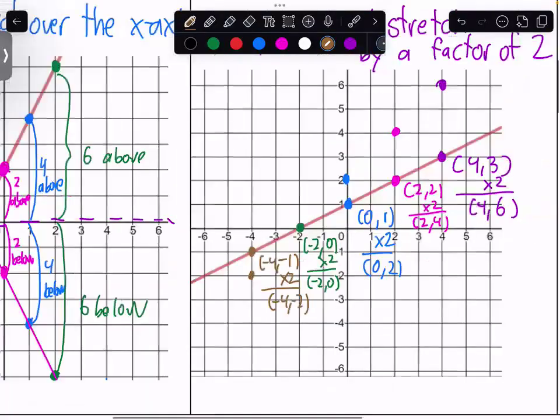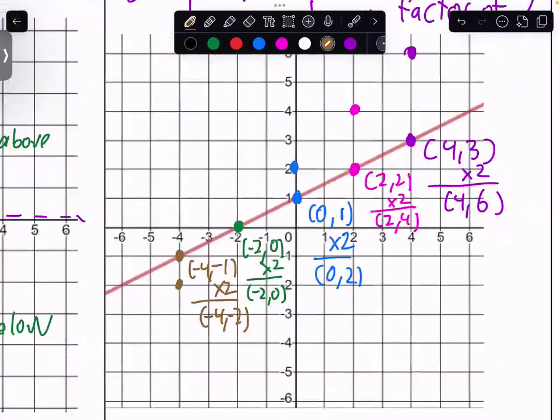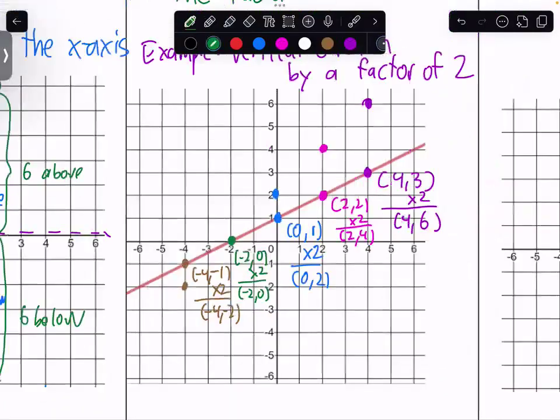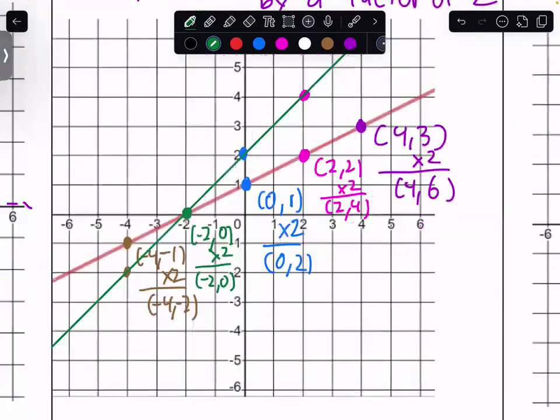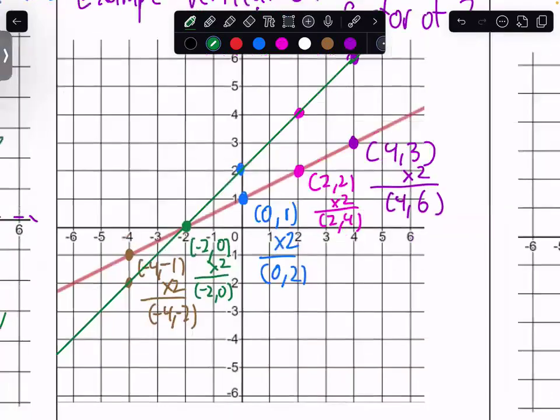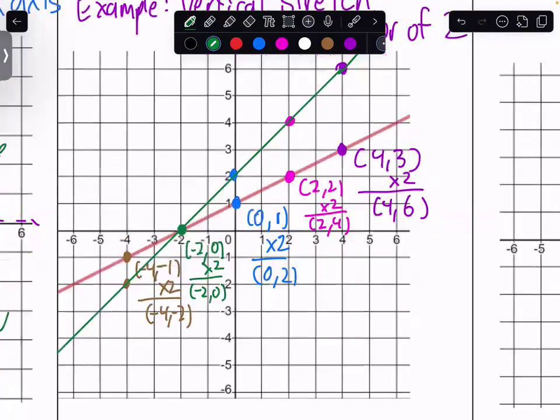Okay, so let's go ahead and connect up the new points. All right, so we start here, we go through here. Okay, so in green is the vertically stretched version.